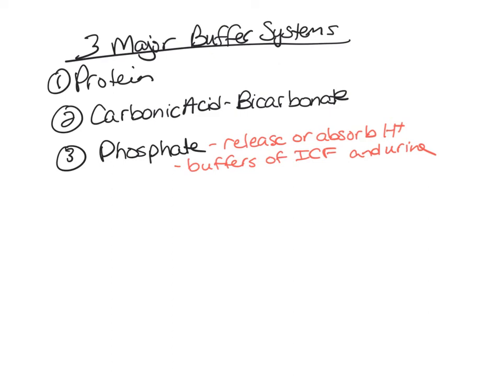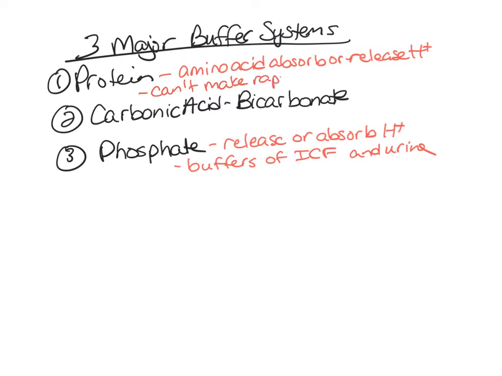The protein buffer system depends on amino acids. In the protein buffer system, amino acids absorb or release hydrogen. This buffer system can't make rapid or large-scale pH adjustments, but it's still really important to both the extracellular fluid and the intracellular fluid. It actually prevents destructive changes when lactic acid or pyruvic acid are formed in metabolism.